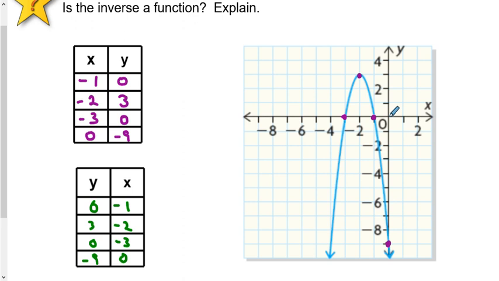So 0, negative 1 is going to be right here. This is going to be my point from right over here that I've mirrored. Now let's try 3, negative 2. 1, 2, 3, negative 1, negative 2. That's going to be right here. 0 and negative 3. 1, 2, 3. That's going to be right here.